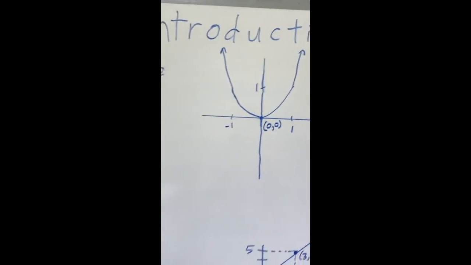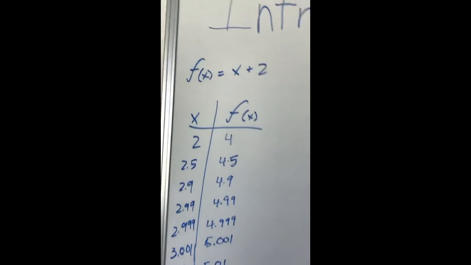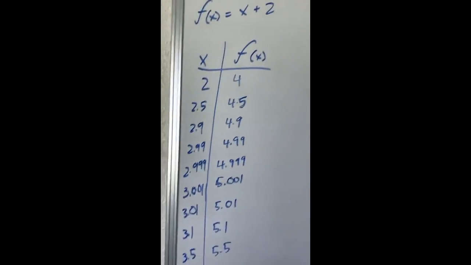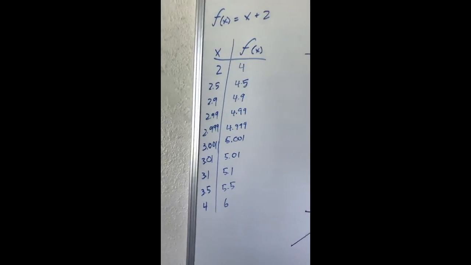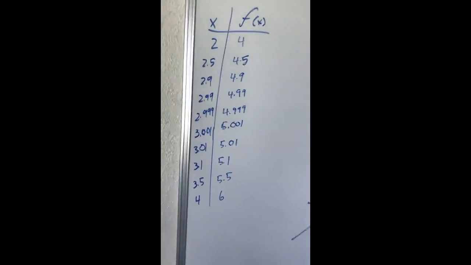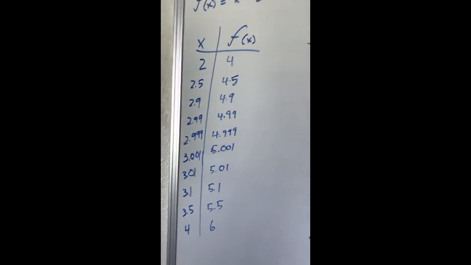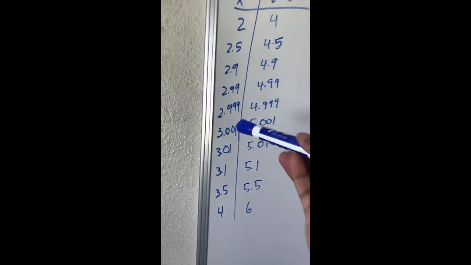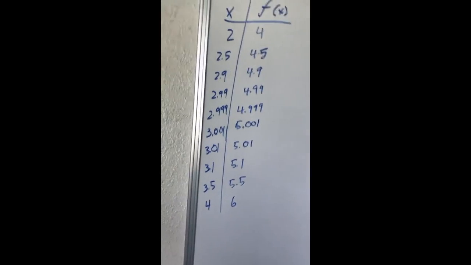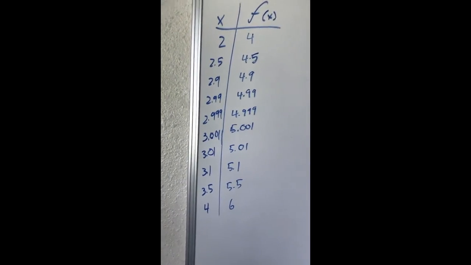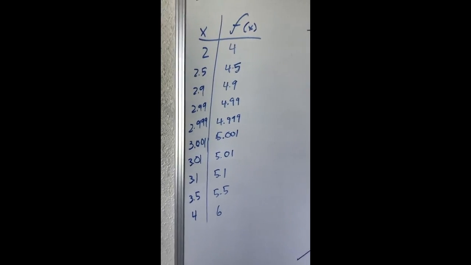Alright, so in our first example we have the function f of x equals x plus 2. And below it I have a table of values going from 2 to 4. But the thing about it is that I don't have the value for x equals 3. And the reason for that is because I'm going to find the limit as x approaches 3 using a table.